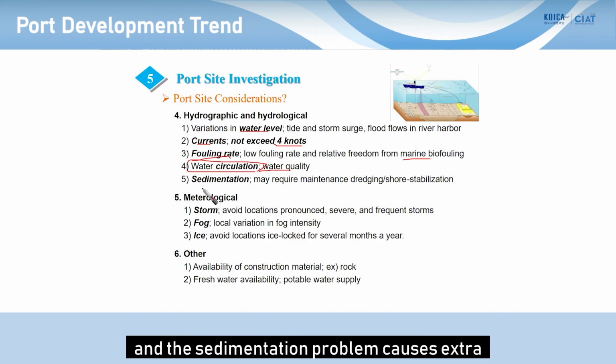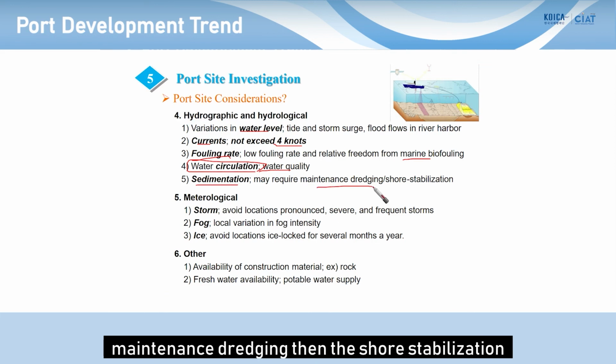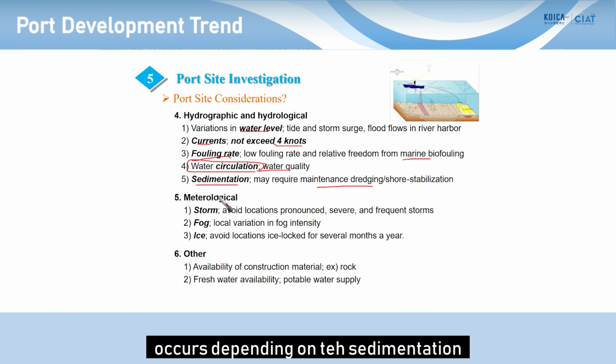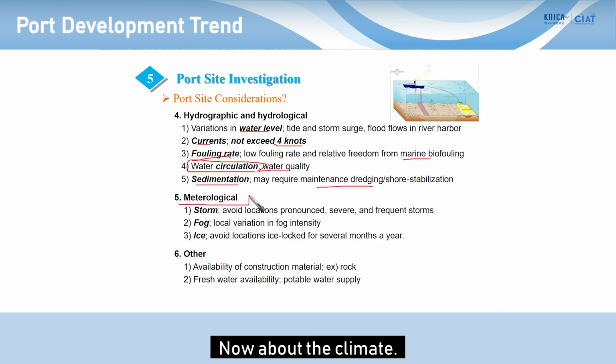The sedimentation problem causes extra maintenance dredging. Then stabilization problems occur depending on the sedimentation size. What about climate? Storm, fog, ice, and wind should be analyzed in the port site area.